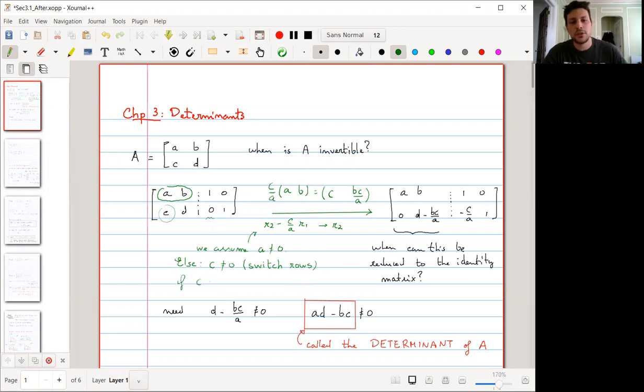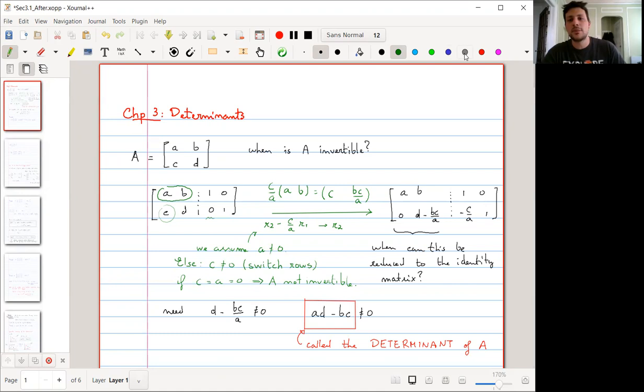If both C and A are 0, then the matrix A is not invertible, because it has a column of zeros, and therefore it can't have rank 2, for example. So this process will work all the time.